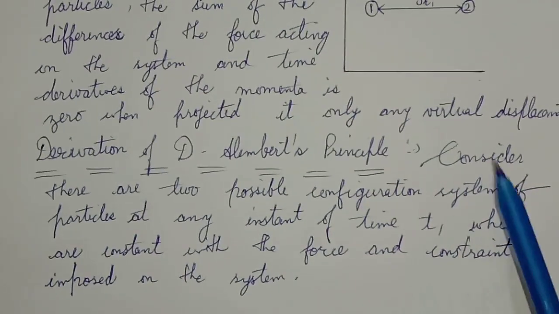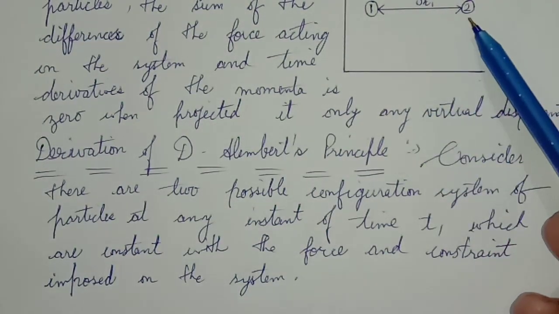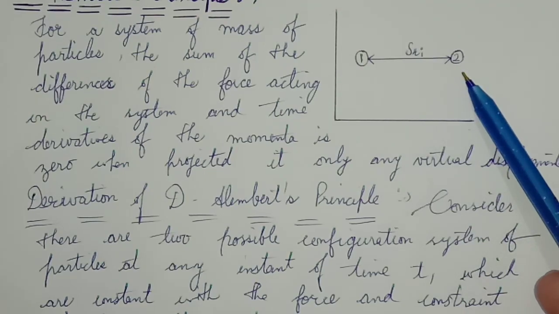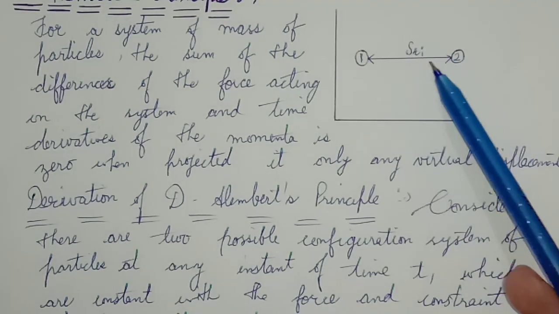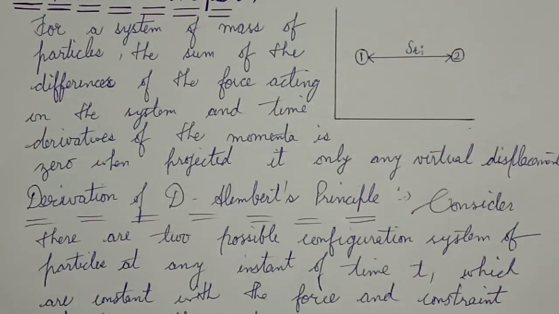That means this is our system and we take two possible configurations. We take two possible configurations at any time t when we apply force, which are constraint force and applied force.